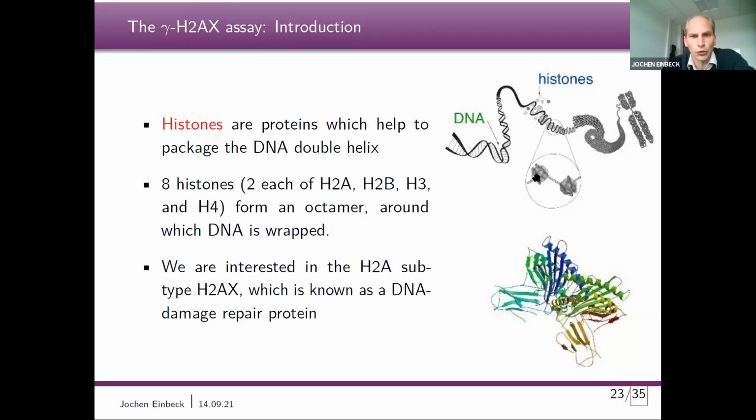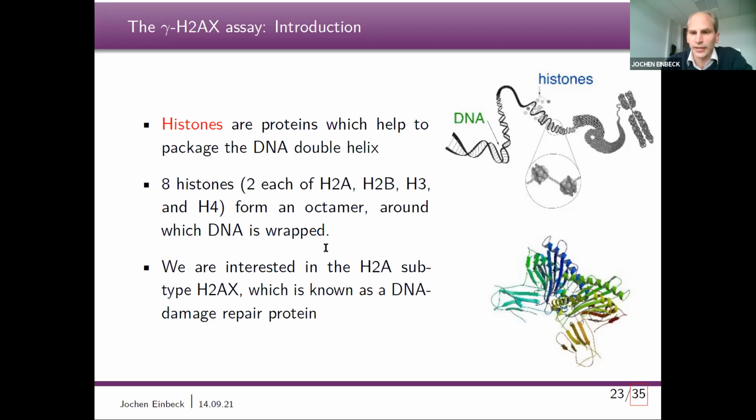These form a so-called octamer, and the DNA is wrapped around that, which helps to squash the DNA efficiently into the nucleus. We are interested here in a special subtype of the H2A histone, which is called H2AX. That is known as a DNA damage repair protein.